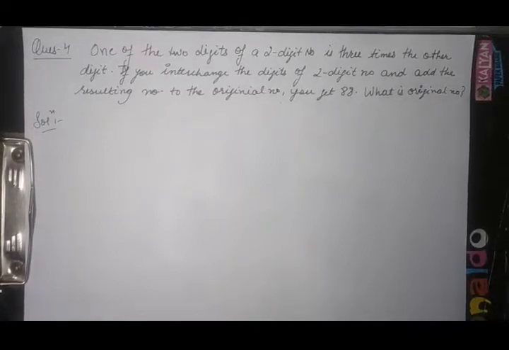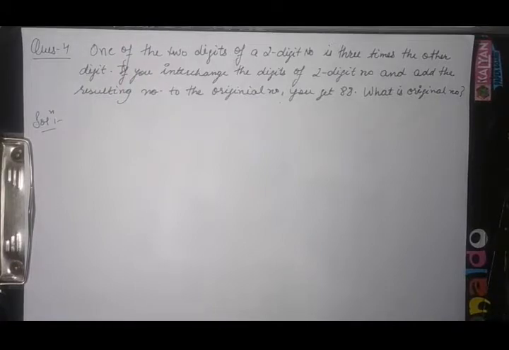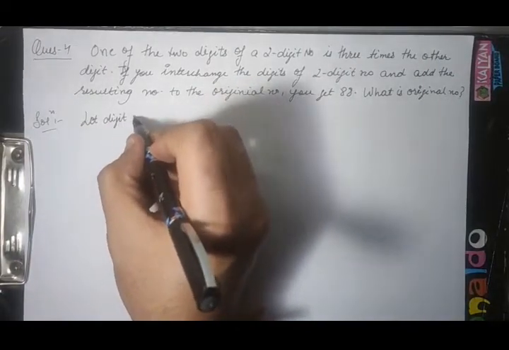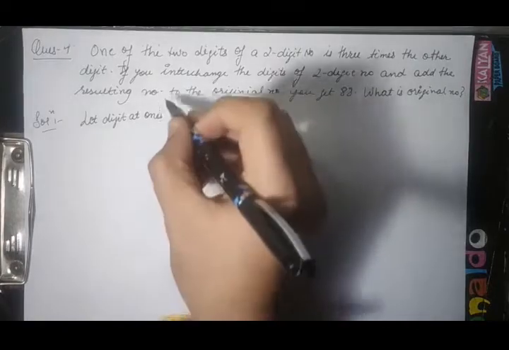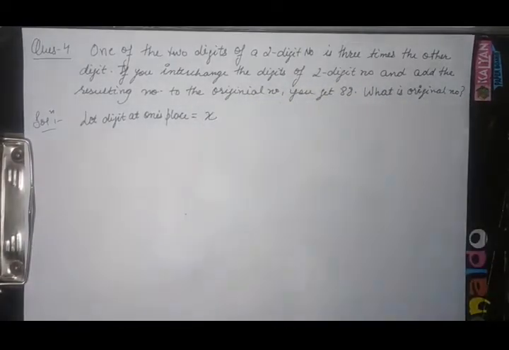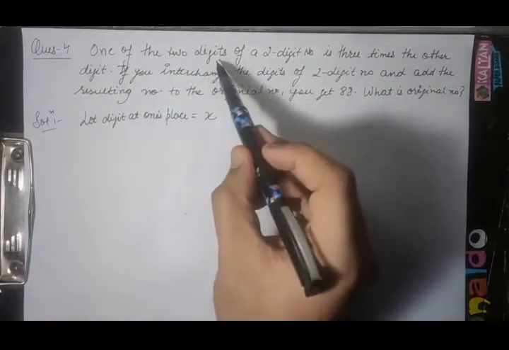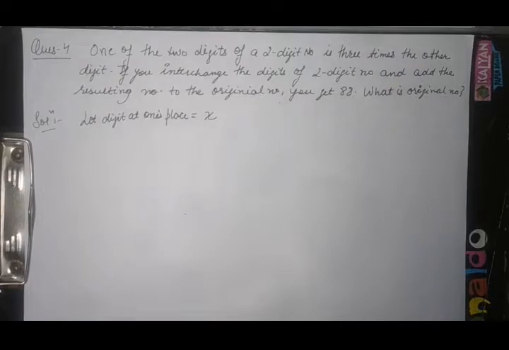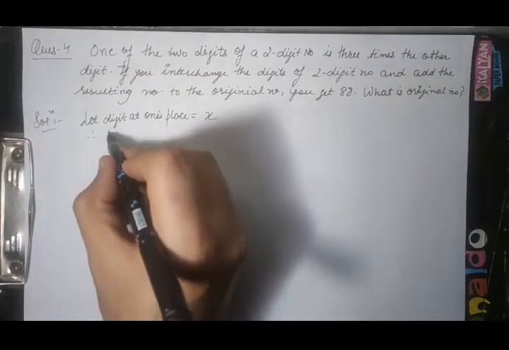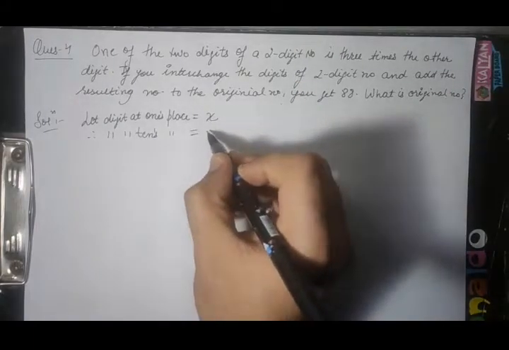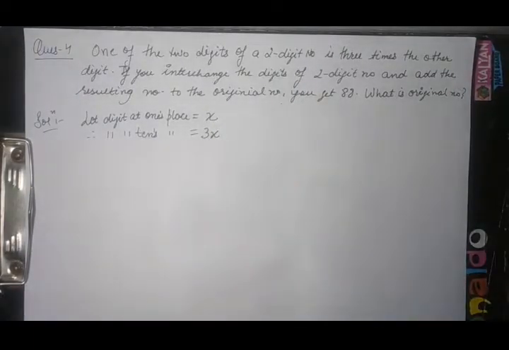So first of all, what we have to do, we will suppose the digits at ones and tens place. So let digit at ones place be x, and it is given that one of the two digits is 3 times the other digit. So if digit at ones place is x, therefore digit at tens place will be 3 times this digit, that is 3x.